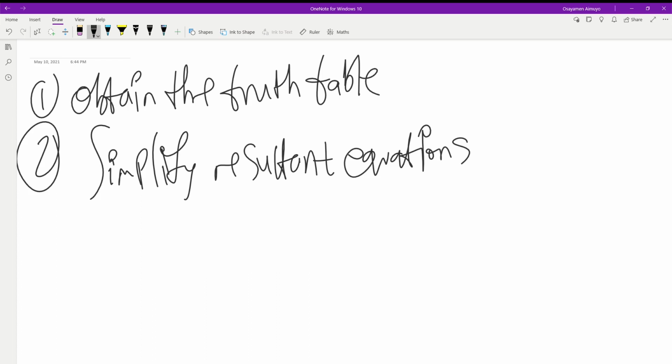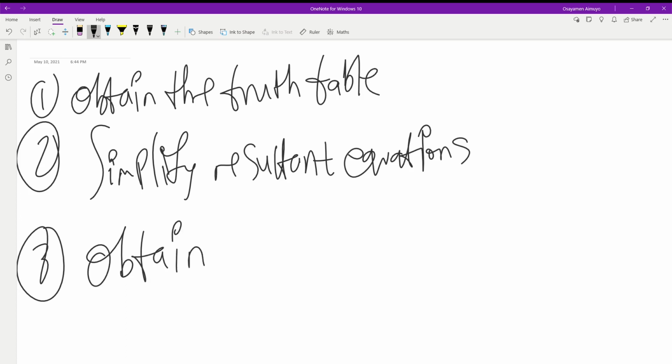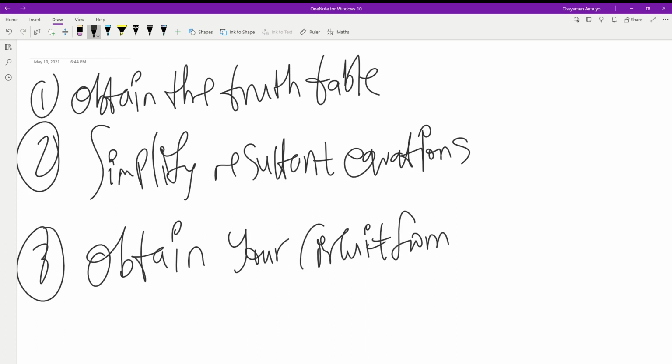And the last step would be to obtain your circuits from the simplified equations.